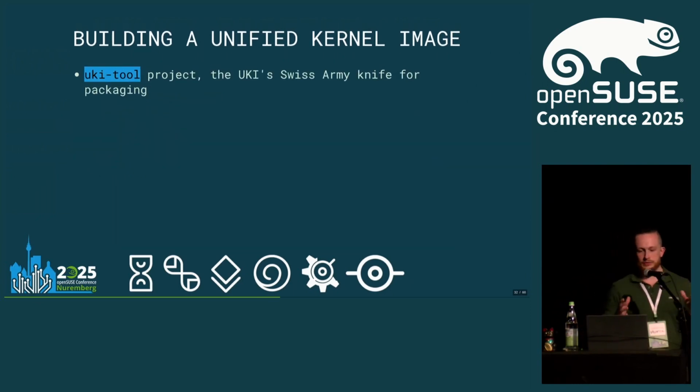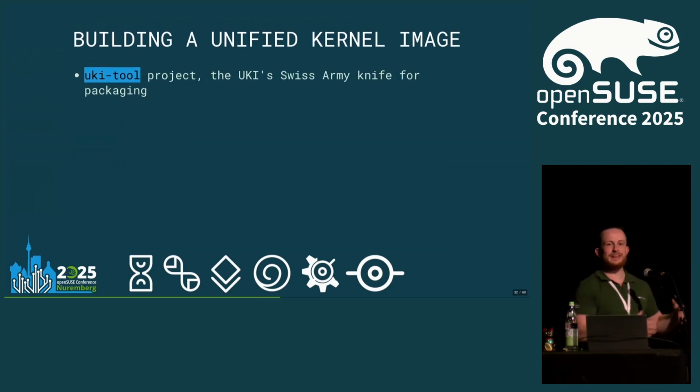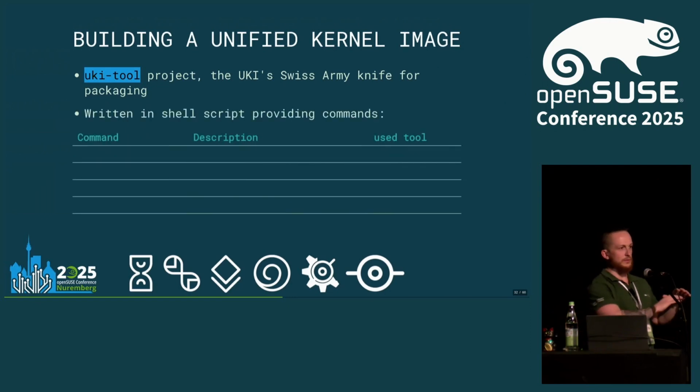So let me present a tool that I have created. It's called the UKI tool. We can describe it as the UKI Swiss Army knife for packaging, because it is useful to create UKIs at packaging level. It is a tool that I wrote in full shell script, POSIX compliant, and it provides some commands.